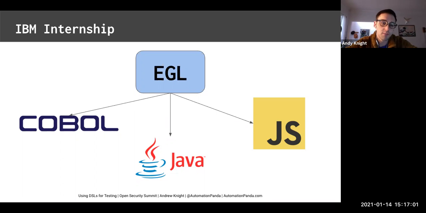The main product for Rational Business Developer was a language called EGL. It stood for Enterprise Generation Language. The workbench had the compiler and the interpreter for EGL. It also provided all that nice, rich IDE-like stuff for EGL, such as source highlighting, inline commands, refactoring, navigation, all the stuff you'd expect for a language like Java or C++.